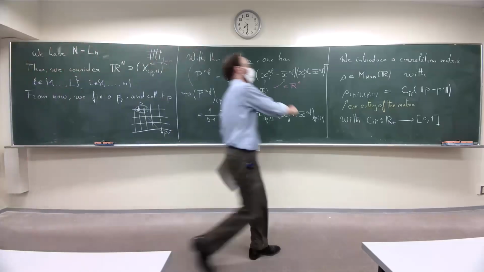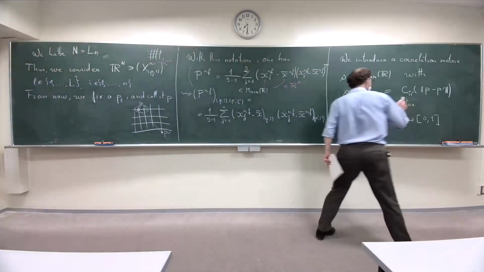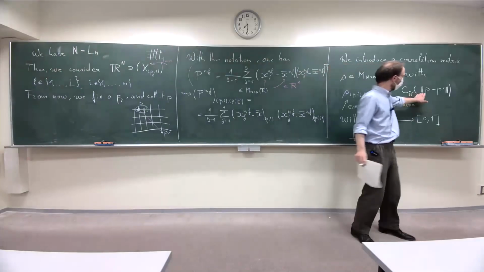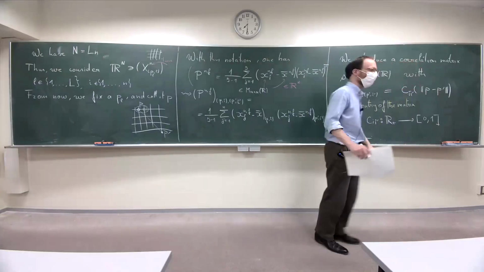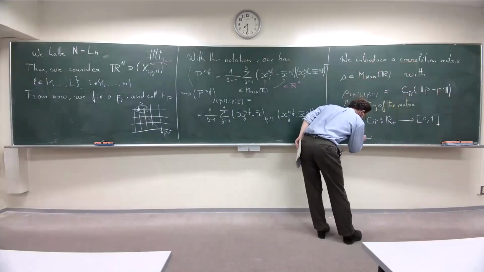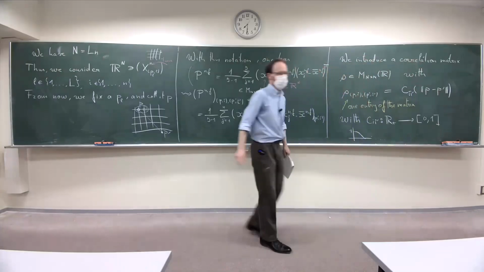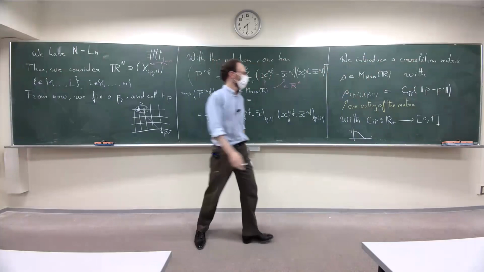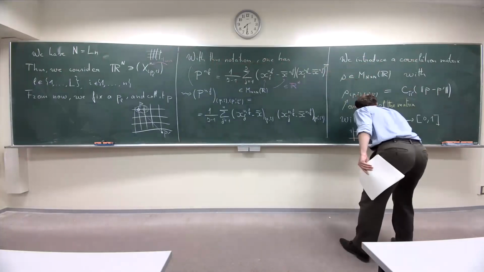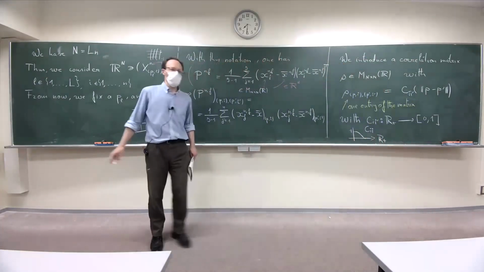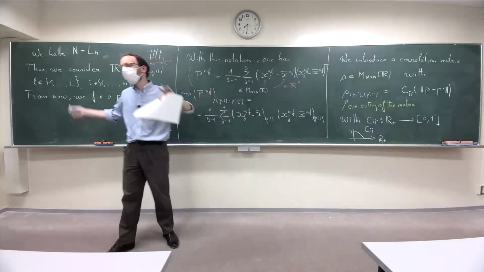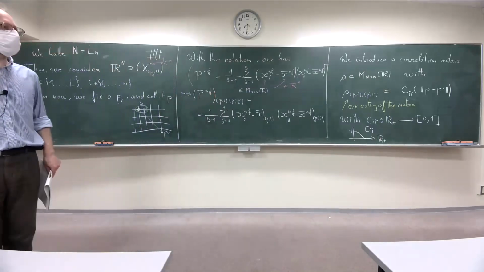So I want to define a function which looks like this. Why is it defined on R plus? Because I just take the Euclidean distance, the real distance between these two points, and I want something going to 0 quite fast. This is C i as a function of R plus. If the distance between two points is big, they should not be related.